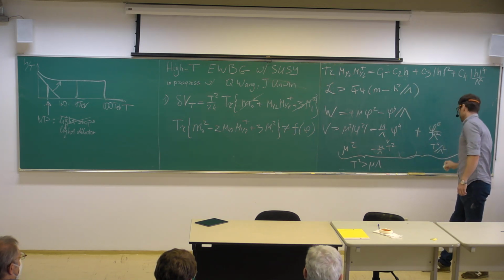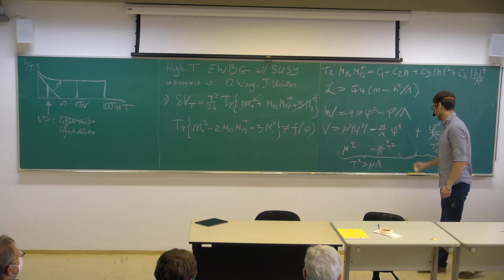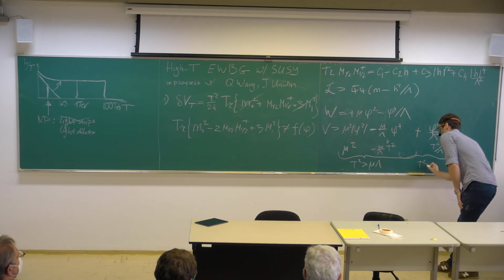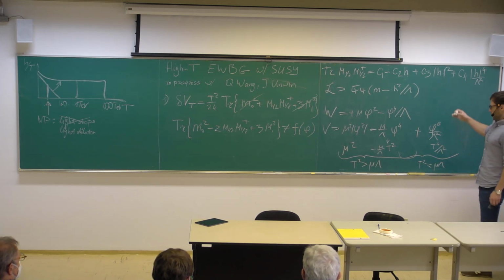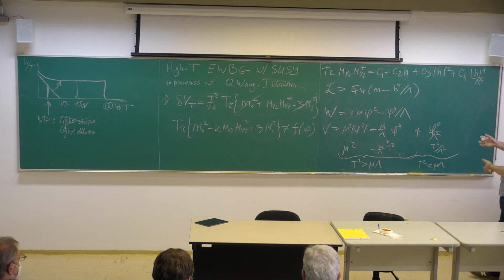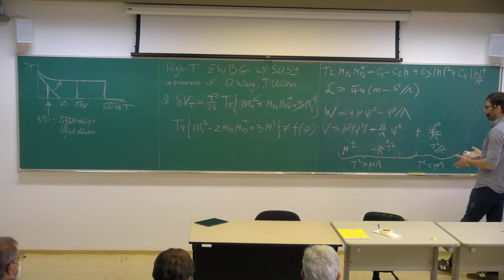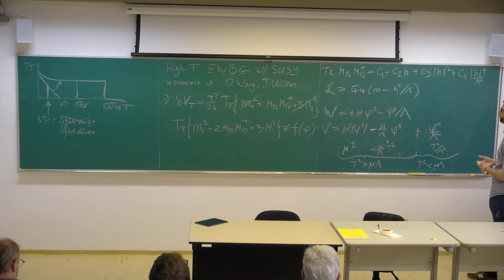So for this to be less than that, you need the opposite condition actually, which is not compatible. So they concluded that there is kind of a no-go for SNR in supersymmetry, even if you go to non-renormalizable theories.